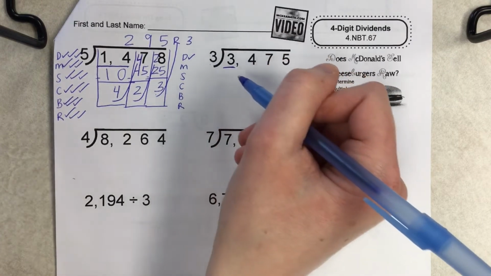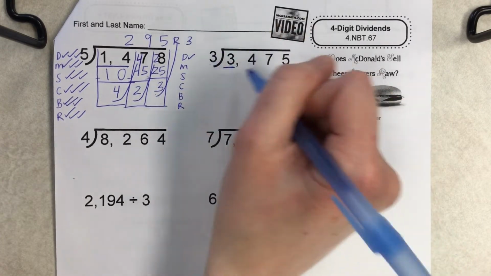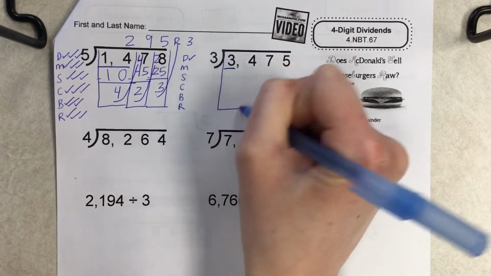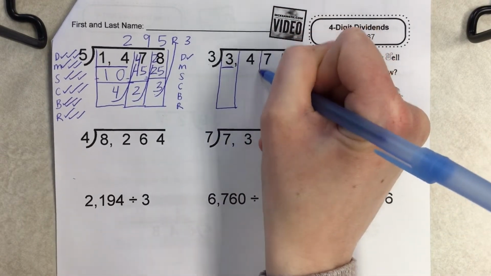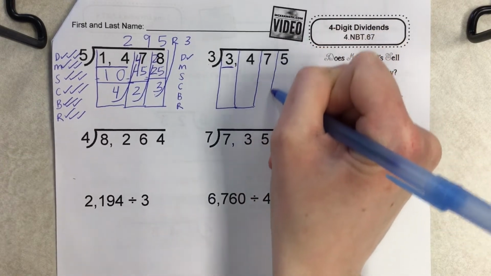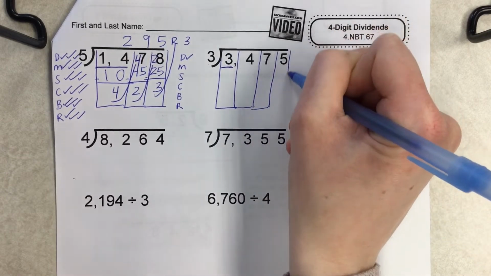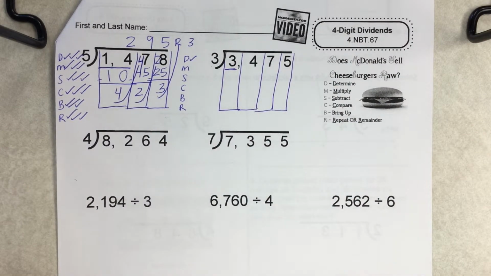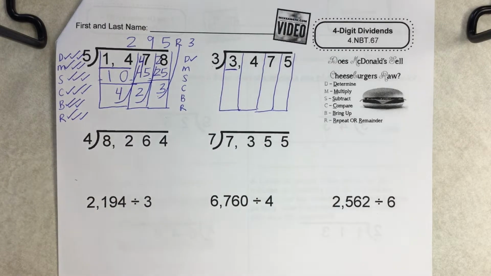Lucky kids, I have enough of those big ropes to give each kid 1 rope. So I can draw a box around my 3, a box around my 4, a box around my 7, and a box around my 5. That's good for the kids because they get a ton of Smarties. Not great for us because we have 4 boxes, which means we have to go through the checklist 4 times.